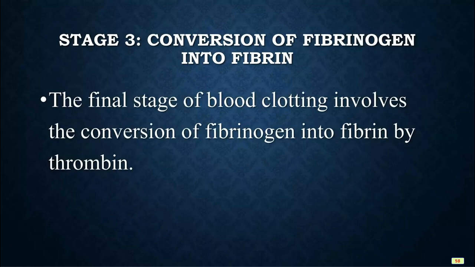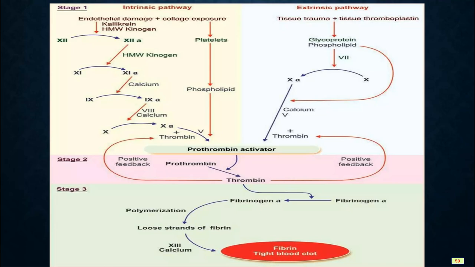Stage 3 is the conversion of fibrinogen to fibrin by the catalytic activity of certain enzymes. This is the final stage of blood clotting, which involves the conversion of fibrinogen into fibrin by thrombin. This chart explains in detail the different stages of the blood clot.